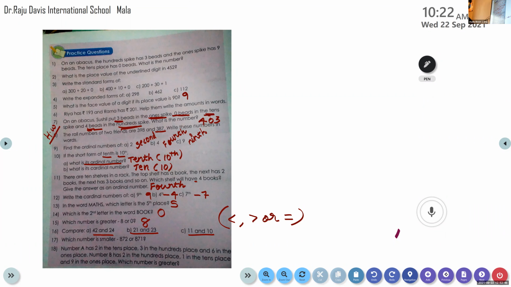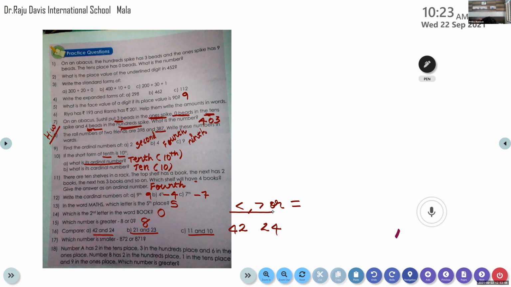16th question A. 42 and 24. What symbol do we have to use? 42 is the greatest. So which symbol do we have to use, the first one or the second one?